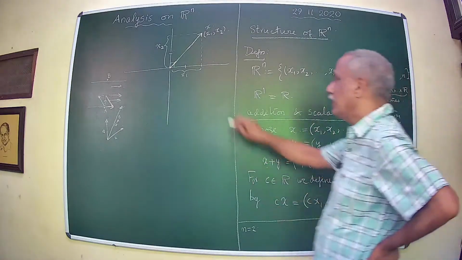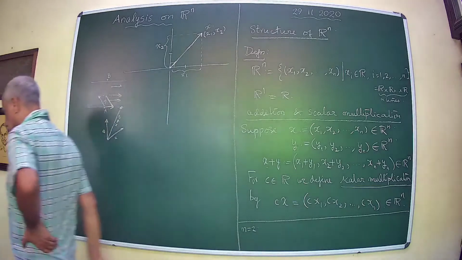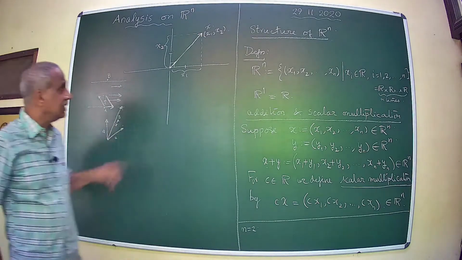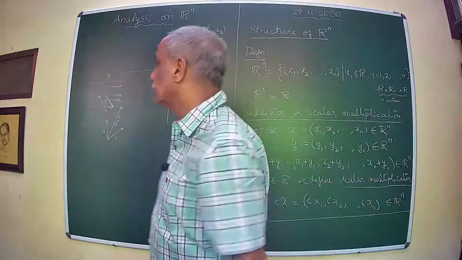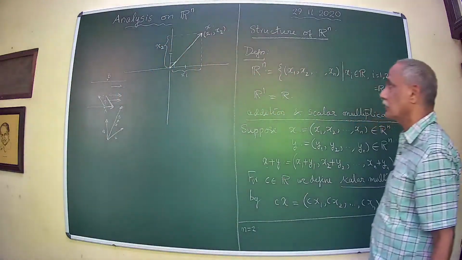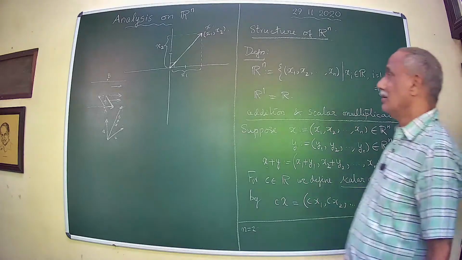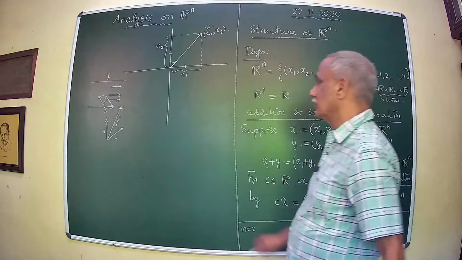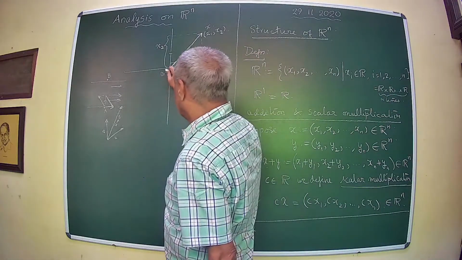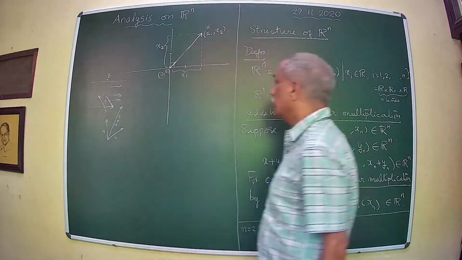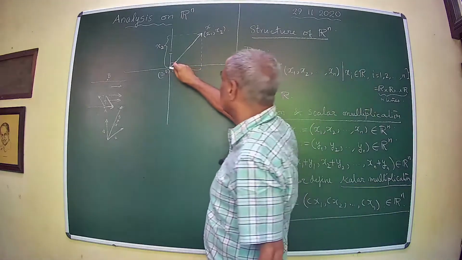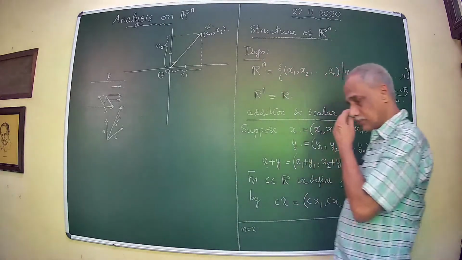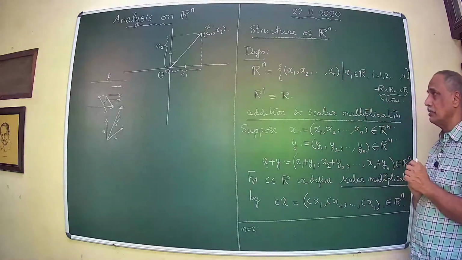So every point in the plane is now identified as a vector. The direction of the vector is the line joining 0, 0 to the point x1, x2. The point where the vector acts is at 0, 0. This is 0, 0, the origin. And then the magnitude of the vector is essentially the length of this vector. That's the number.